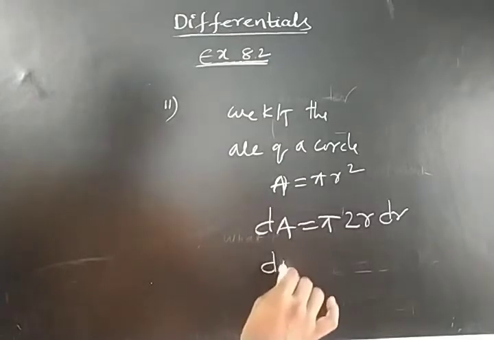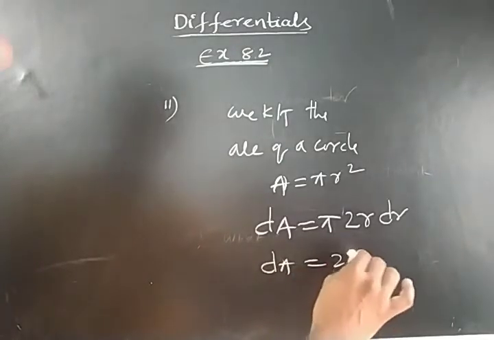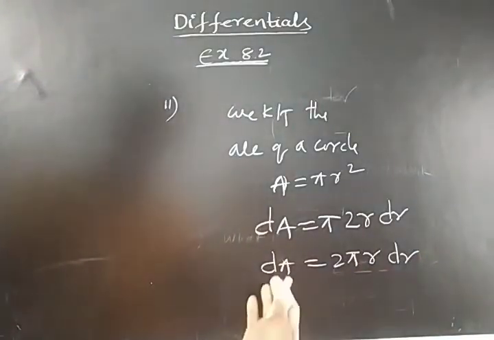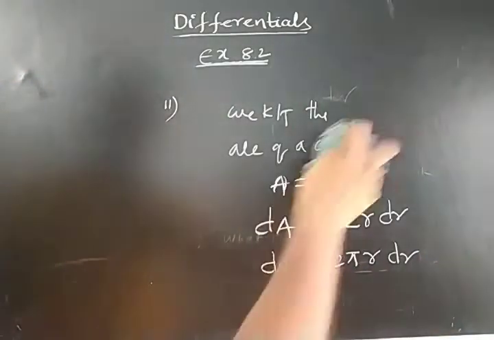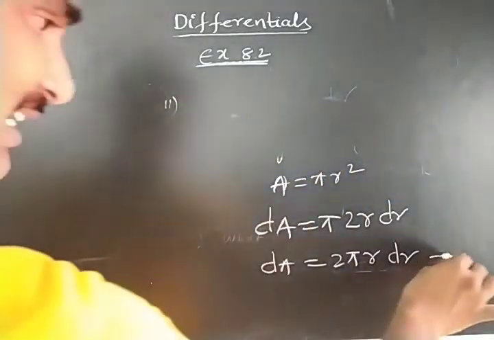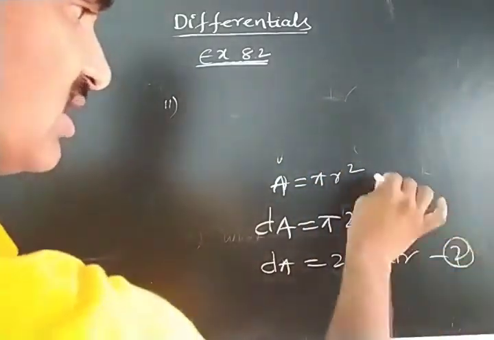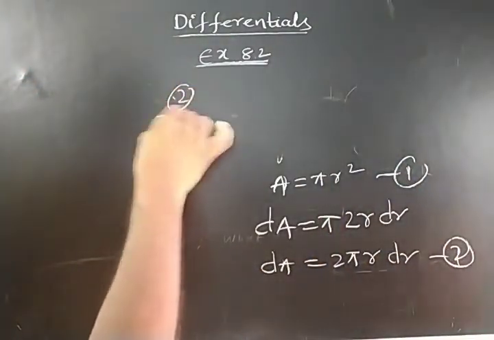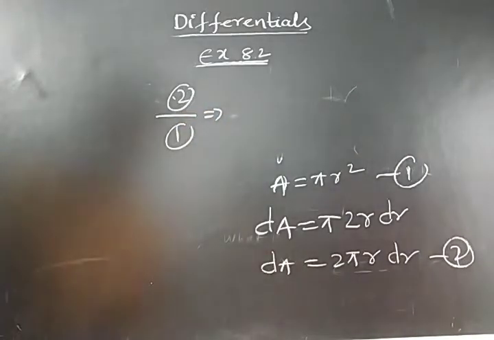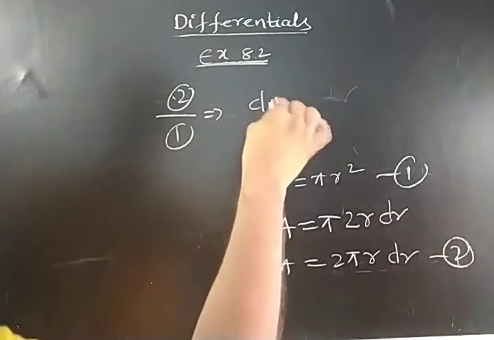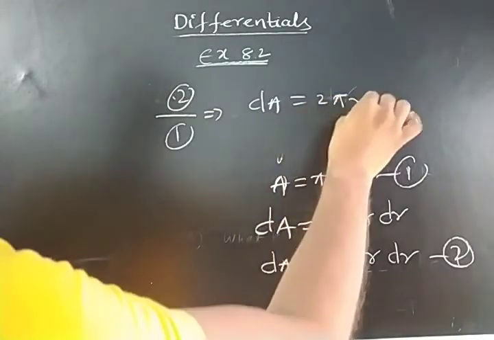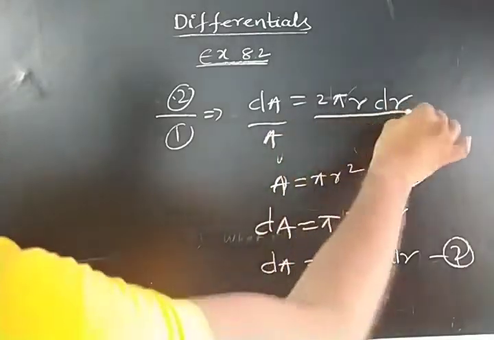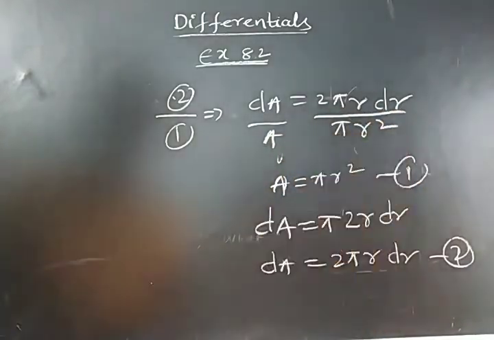So dA is equal to 2 pi r into dr. I need dA by A into 100, so I am dividing this by A. Dividing by A, on the right-hand side it will be pi r squared.